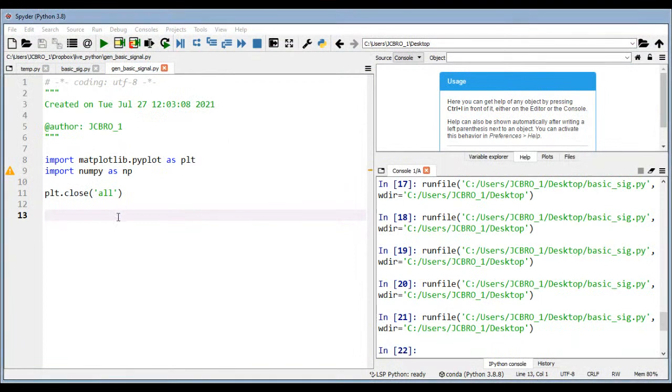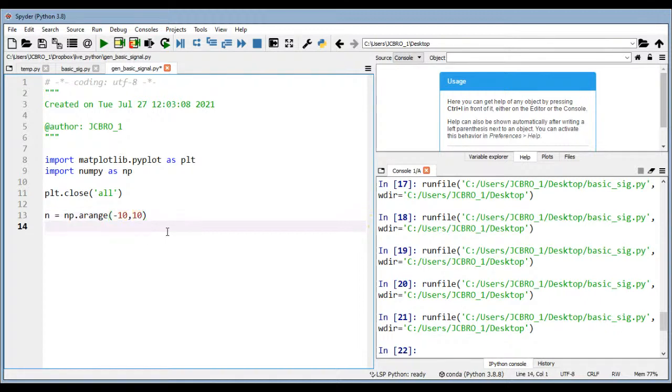There is a command n equals np.arange. We'll generate from -10 to 10. I hope you remember np.arange generates in this range at a difference of 1 by default, and it goes from -10 to last index minus 1, so it will go from -10 to 9.